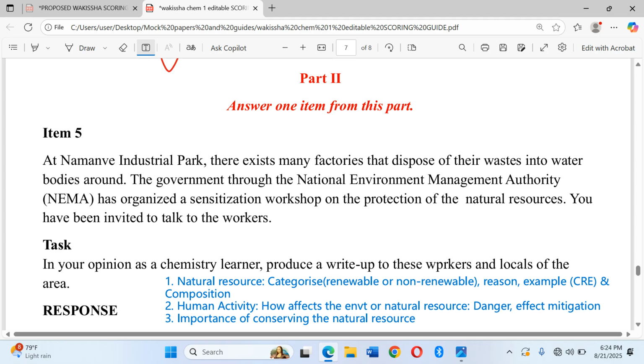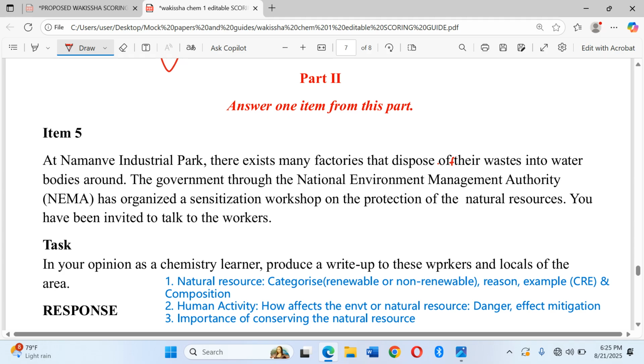So let's read through this. At Namanve Industrial Park, there exist many factories that dispose of their wastes into water bodies around.